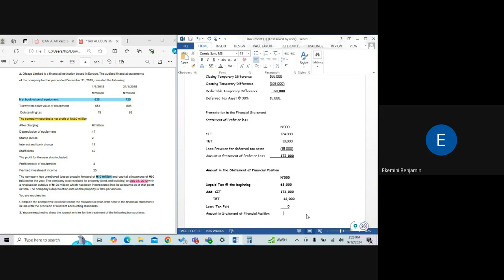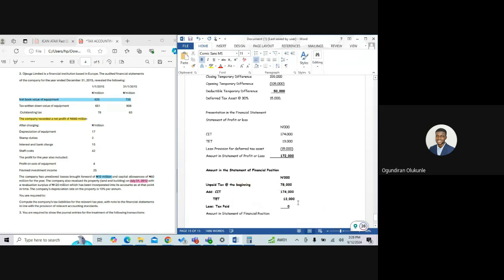There's a mistake here. Sorry, unpaid tax at the beginning is supposed to be 78,000, because that's the opening balance, 1 January to 31st December.